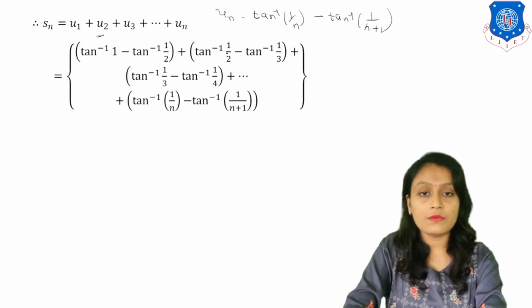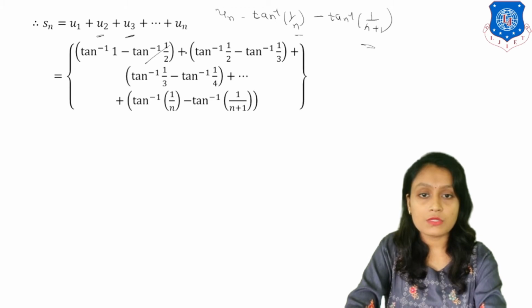So you will get tan inverse 1 upon 2 minus tan inverse 1 upon 3. Okay, then u3, that is for n equal to 3, you will get tan inverse 1 upon 3 minus tan inverse 1 upon 4, plus so on, and the nth term, that is tan inverse 1 upon n minus tan inverse 1 upon n plus 1.